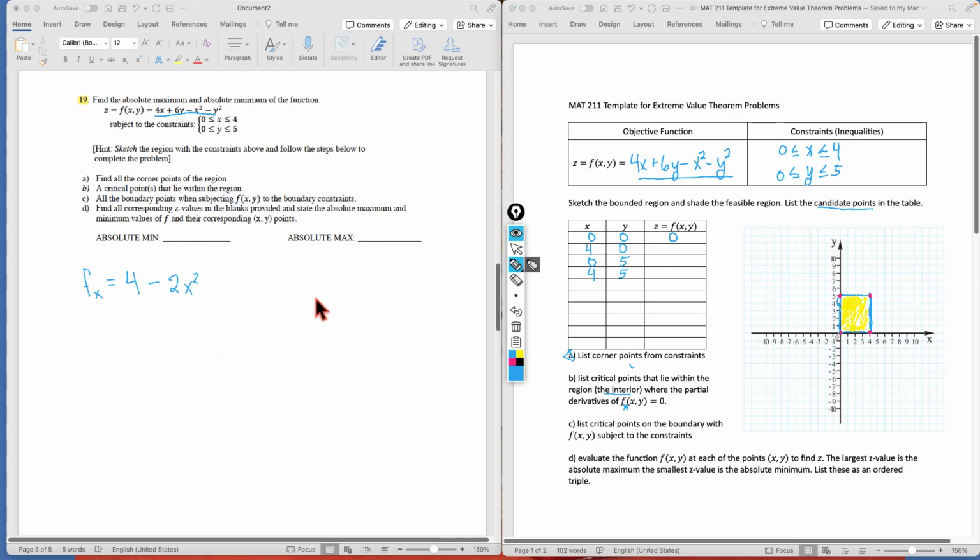We'll set that equal to 0 and solve it, but while we're at it, let's keep taking derivatives. So the partial derivative with respect to y. For 4x, it's a constant, so that derivative is 0. Come to 6y. We take the derivative of y, which is 1, and 1 times 6 is 6.